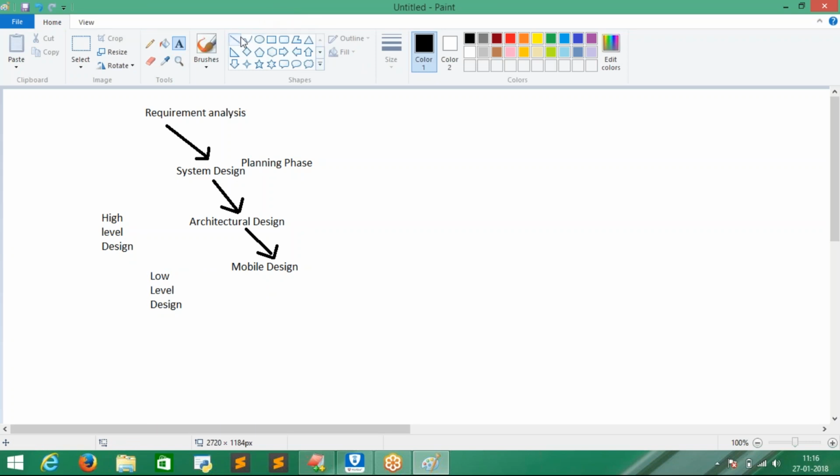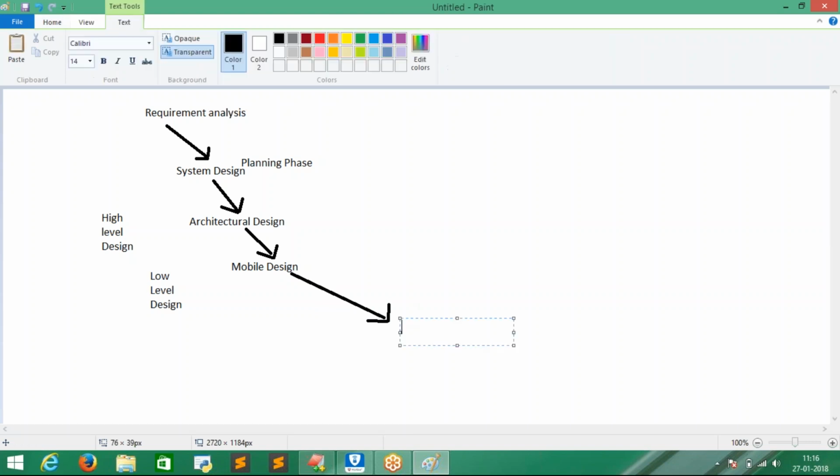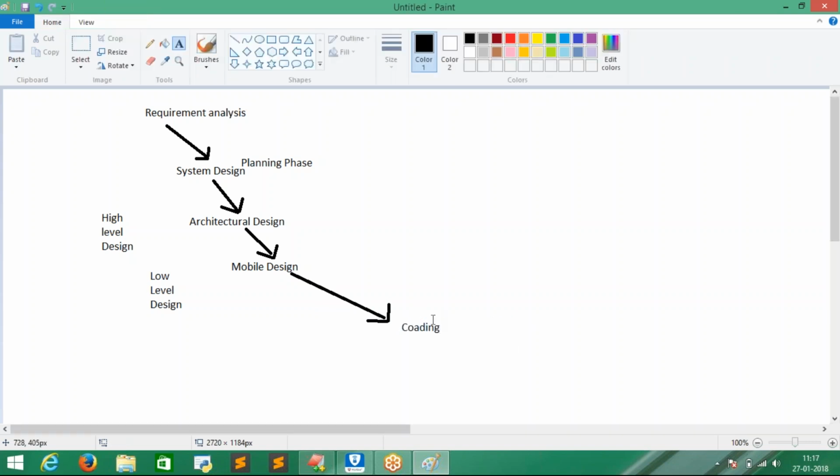After that, let's see what comes. After module design, it is the coding phase, where it will be only coding.